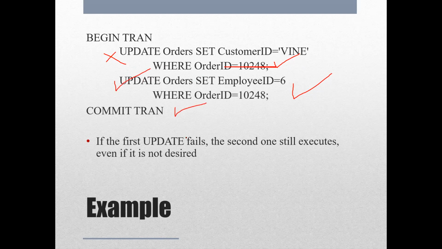Because we have done the commit transaction. It won't be affected by the first statement's failure, even though sometimes we depend upon these two statements: if one gets updated, the other should also get updated.